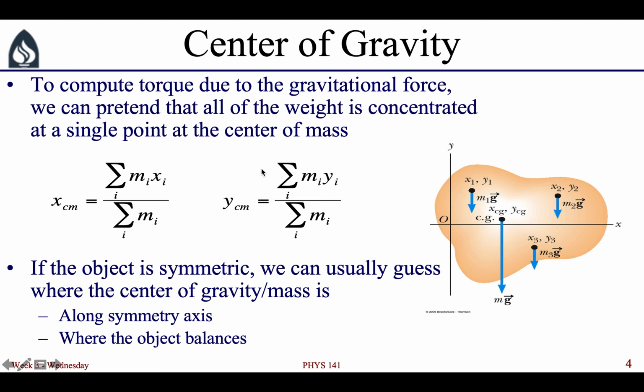Or we can find the y coordinate by taking each individual mass times its y coordinate and then dividing by the total mass. So this is something we saw previously, how to find the center of mass, and that becomes very useful when we have gravity exerting a torque on our object.